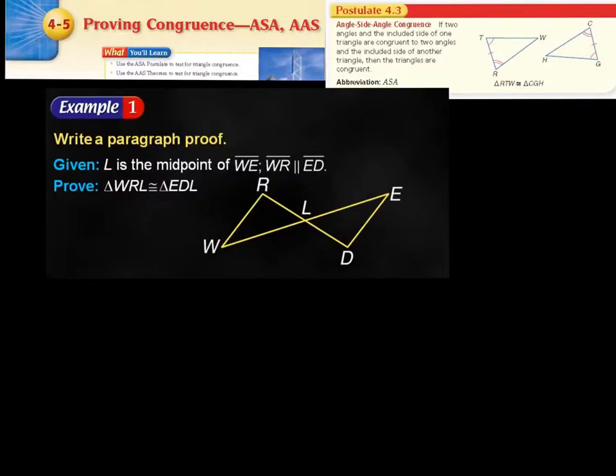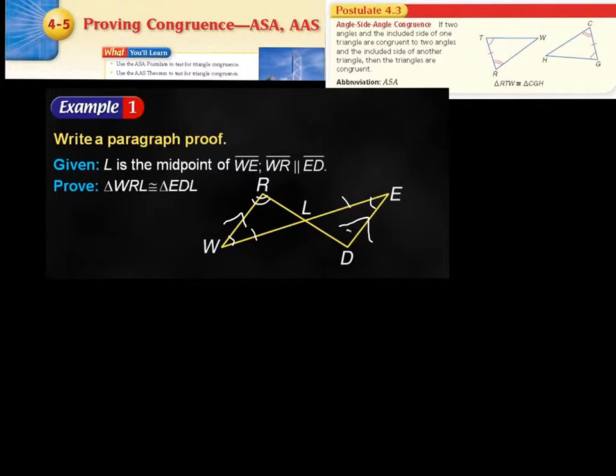The first example is of a paragraph proof. They gave us that L is the midpoint of WE, so those two would be congruent, and WR is parallel to ED. So that means our alternate interior angles are going to be congruent.